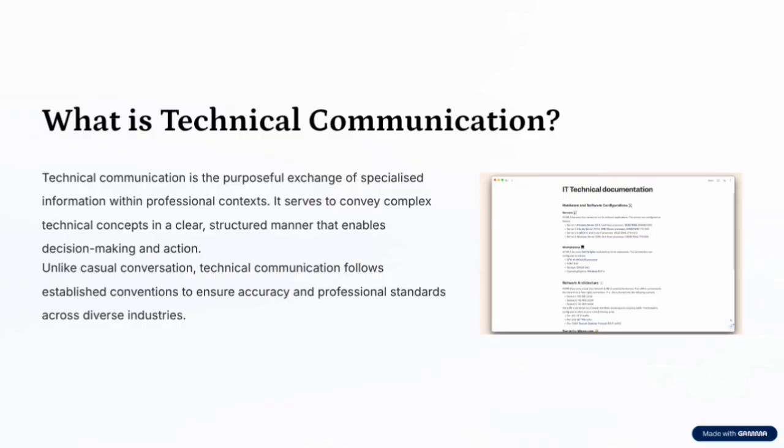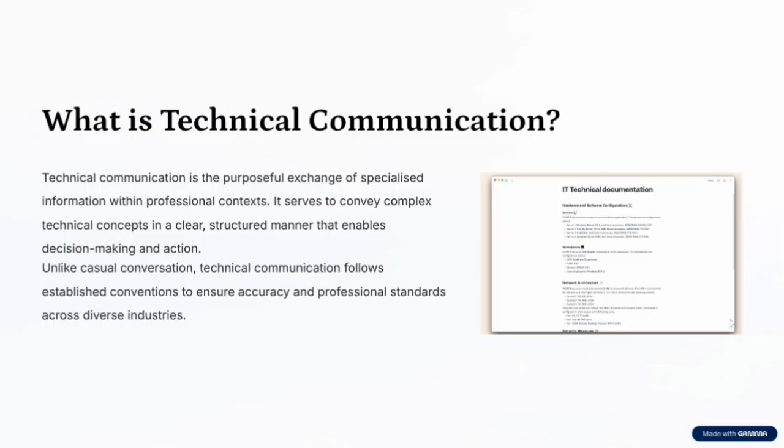What is communication? Communication means exchange of ideas. Communication means exchange of information. Communication simply means when you interact with another person. So the instructions written on a user manual, on any device, on any eatable item that you buy, all are examples of technical communication.